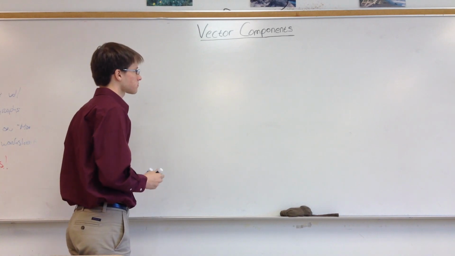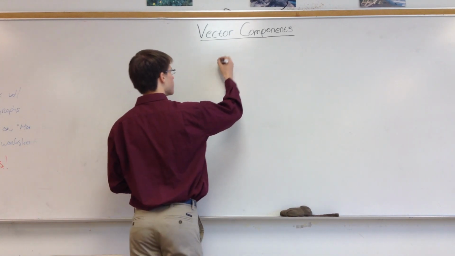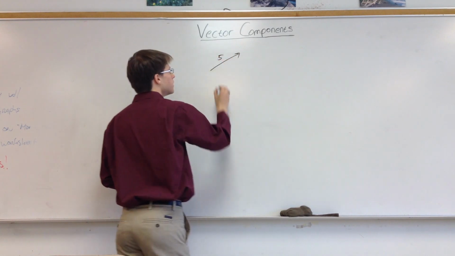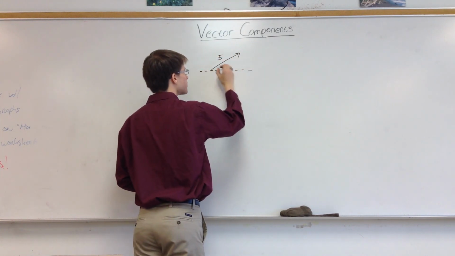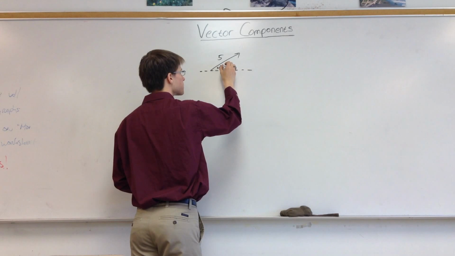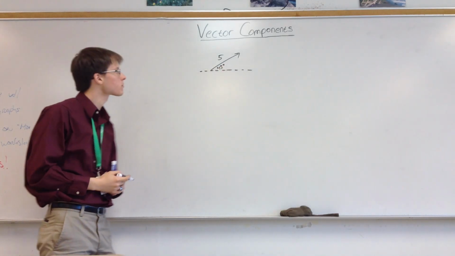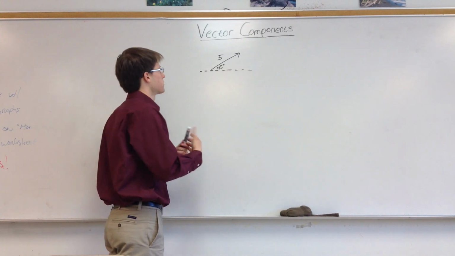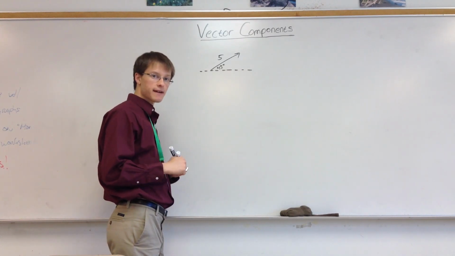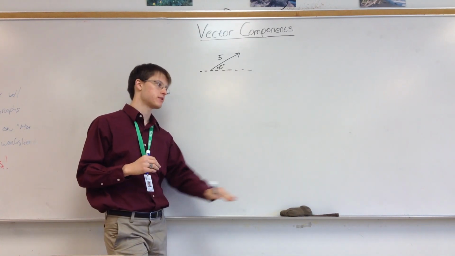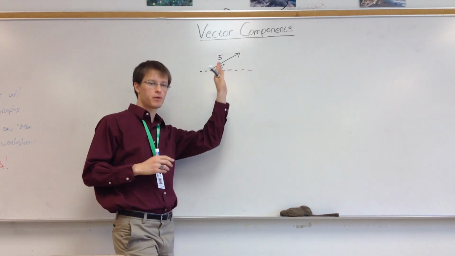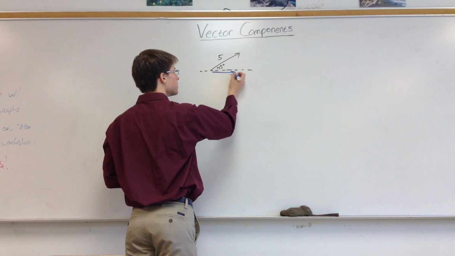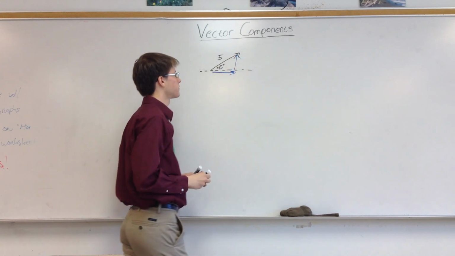So, let's say I have a vector like this, and this is of length 5, and this angle is 45 degrees, just suppose. So we want to find the vector components that add to give that vector. And we want the components to be the x and y components, horizontal and vertical. So we're looking for this vector plus this vector, right?